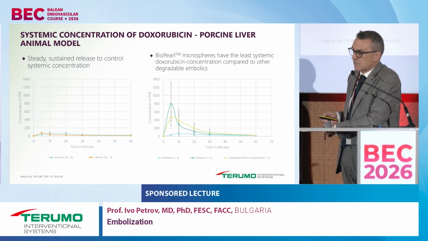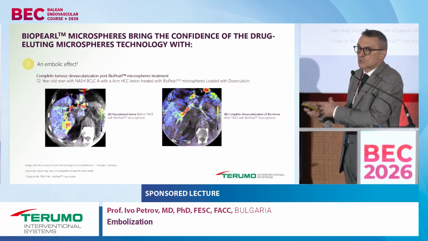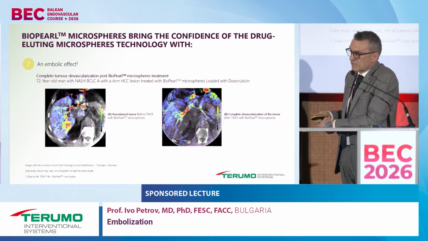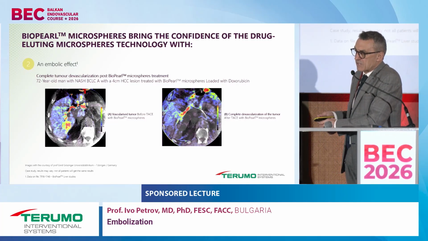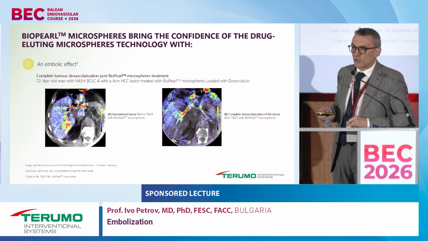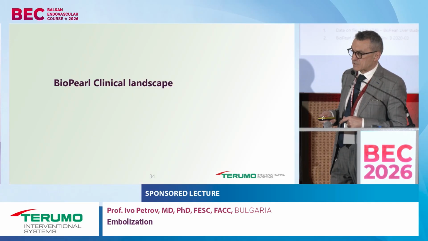That is, in fact, provided by the super selective application of materials such as the BioPearl. And this is another case showing the embolic effect, and after that, the restoration of the natural flow after a certain time.